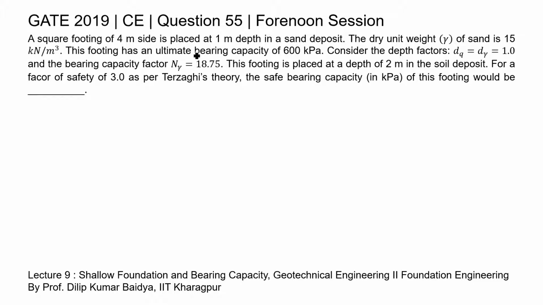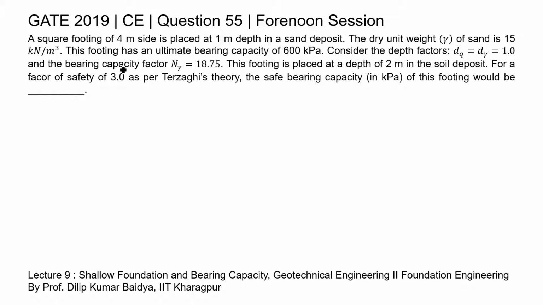Now in the second case, the same square footing of 4 meter side is placed at 2 meter depth in the same soil deposit. Now it is asking, for a factor of safety 3, what will be the safe bearing capacity. So let's recall the formula first for the safe bearing capacity.